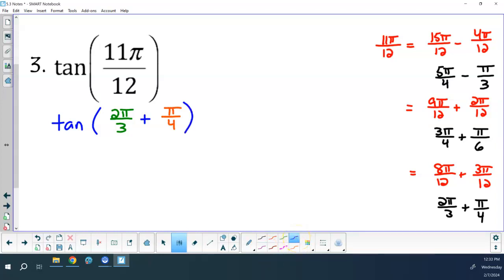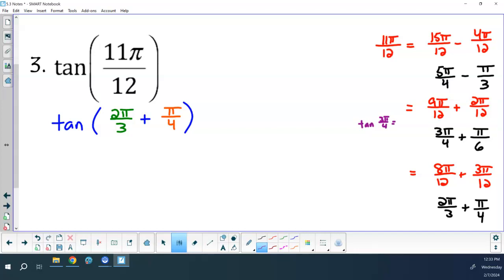Why did I choose this one? Well, they could have also done the very first one too. Why don't I like the middle one? I know. So I would need to know the tangent of 3 pi over 4, right?